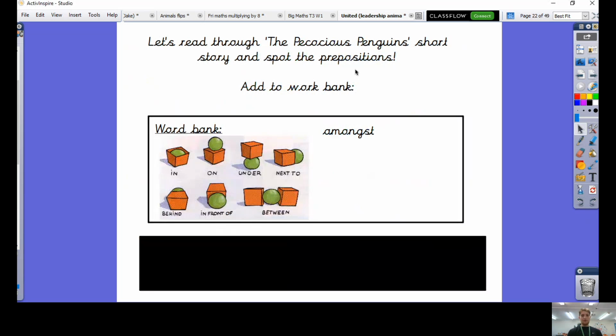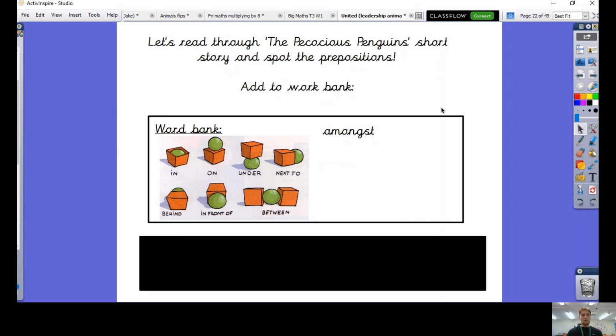Okay, right, so I'm going to read through our Precocious Penguins short story again. And I would like you, whilst I'm reading through, to see if we can spot any prepositions, any words describing where something is, okay? Again, we have our word bank here.